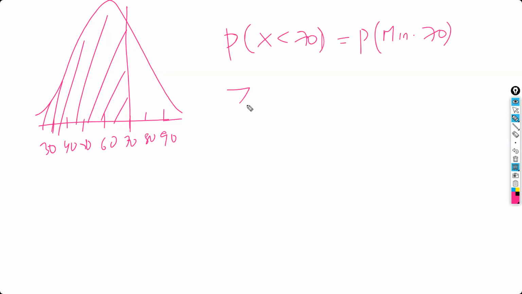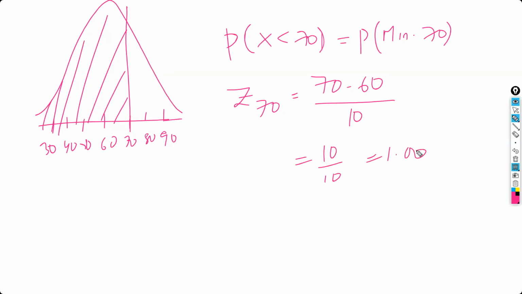Now z of 70 is 70 minus 60 divided by 10, which is 10 by 10, that is 1.00 up to 2 decimals.